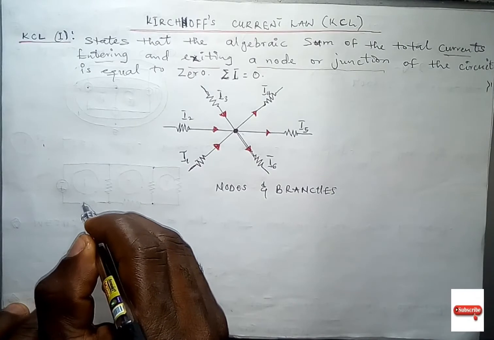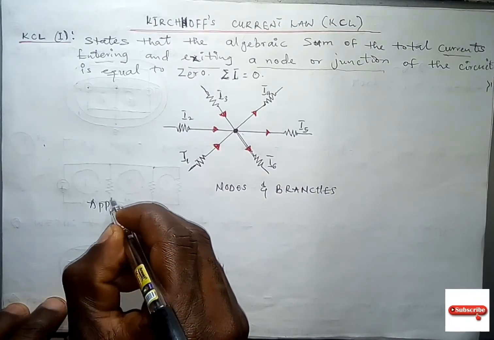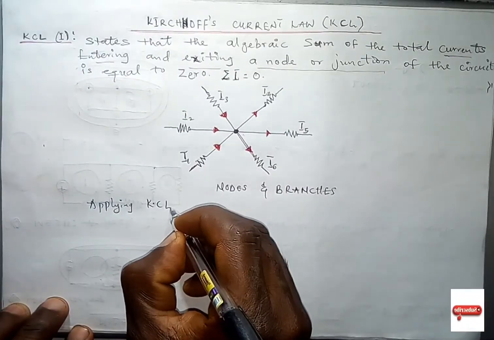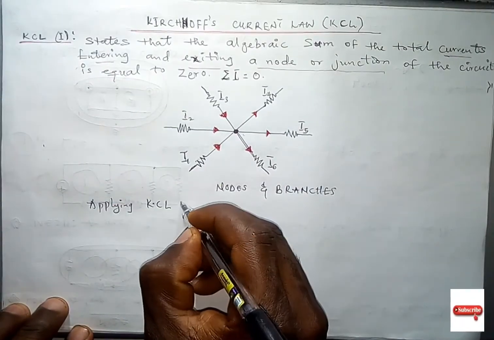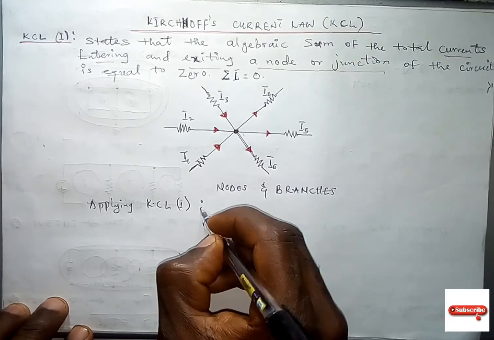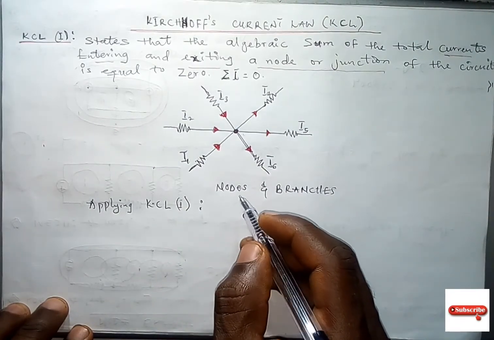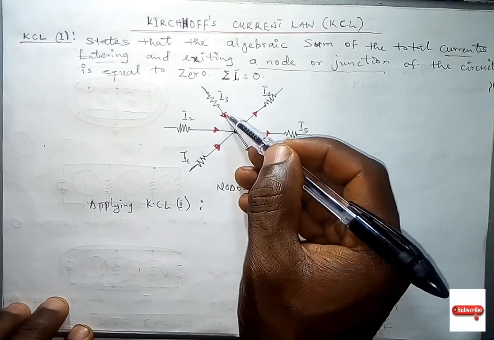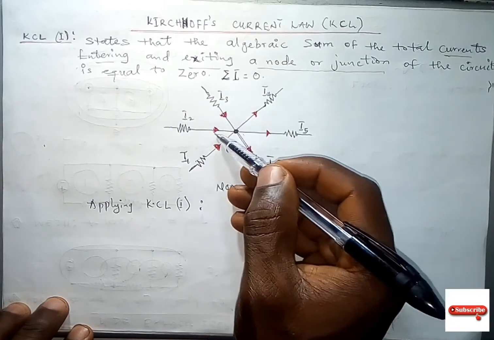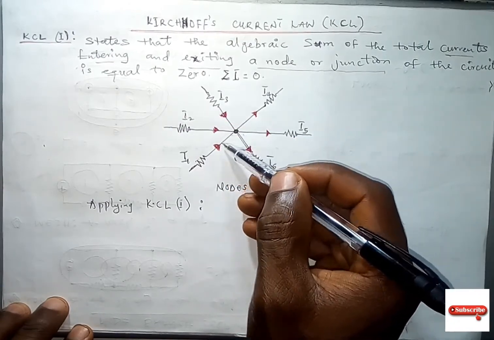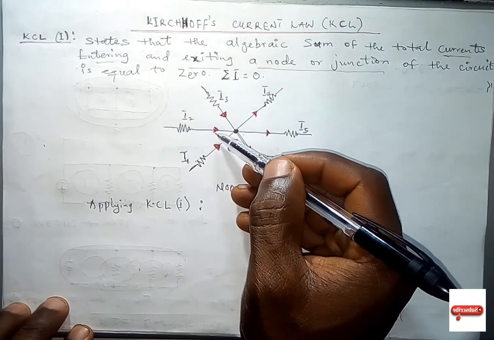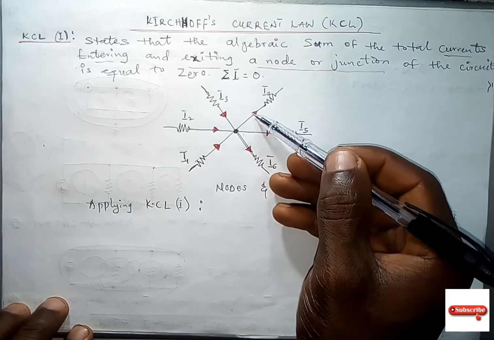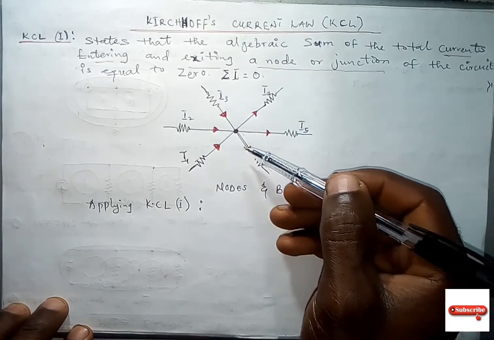By applying KCL under the first law, according to what we have in this diagram, we can see the arrows on I1, I2, I3 are pointing towards the node, while the arrows on I4, I5, and I6 are pointing outwards.